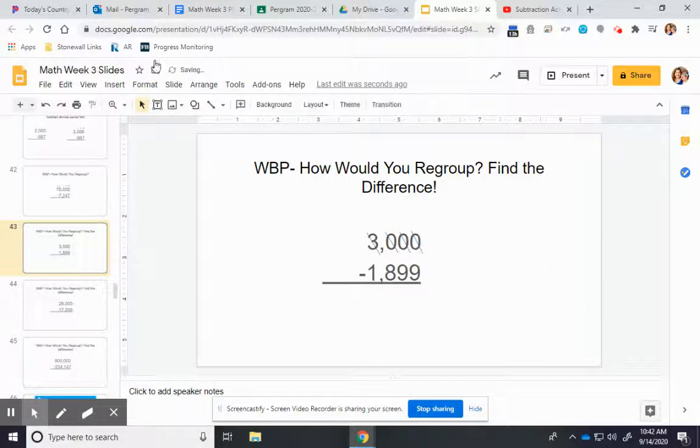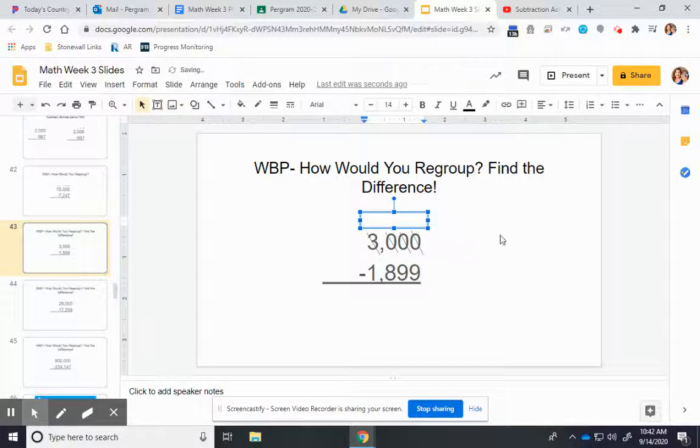And I'm going to need to go ahead and make my text box up here, which you all will just be writing to create my numbers. So that 3 is going to turn into a 2 because I'm borrowing from it. This next one would turn into a 10, but since I'm borrowing from it, it's going to be a 9. And then another 9. And then lastly, a 10.